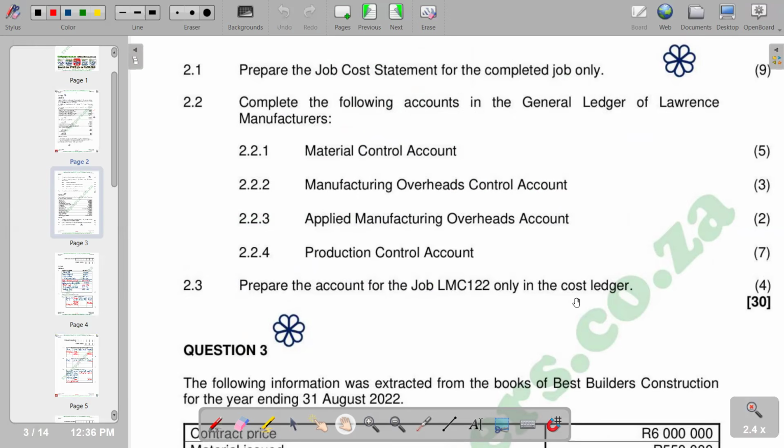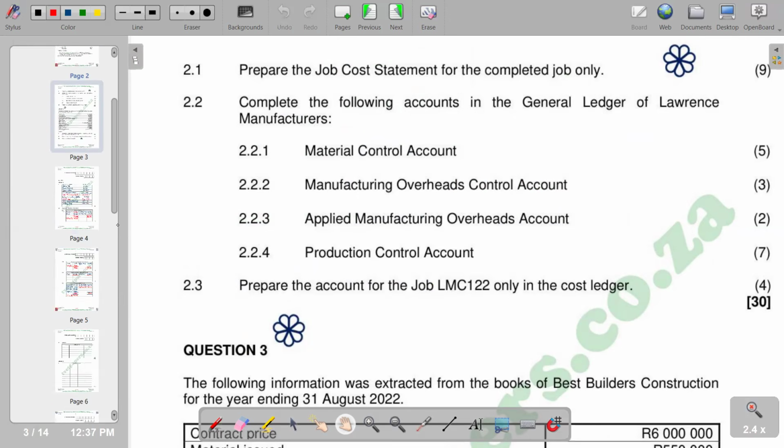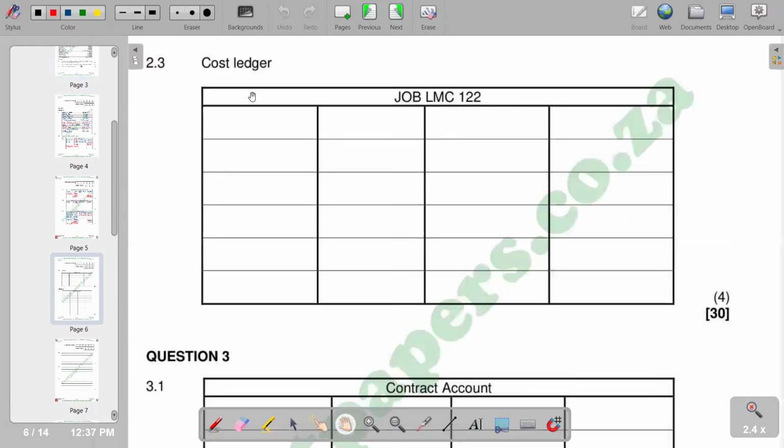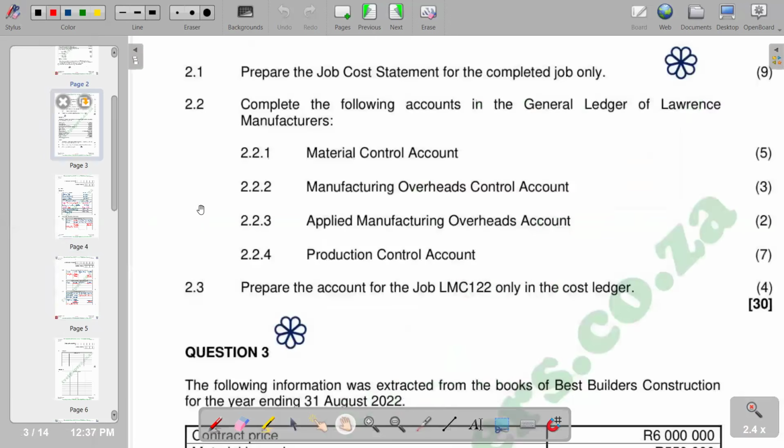So it means we are going to come up with a T account. We check in terms of our cost ledger of job LMC 122. We're not going to have any balance BD because this job is not yet complete, so no balance CD. We only check the costs associated with job LMC 122 and enter them on the debit side.